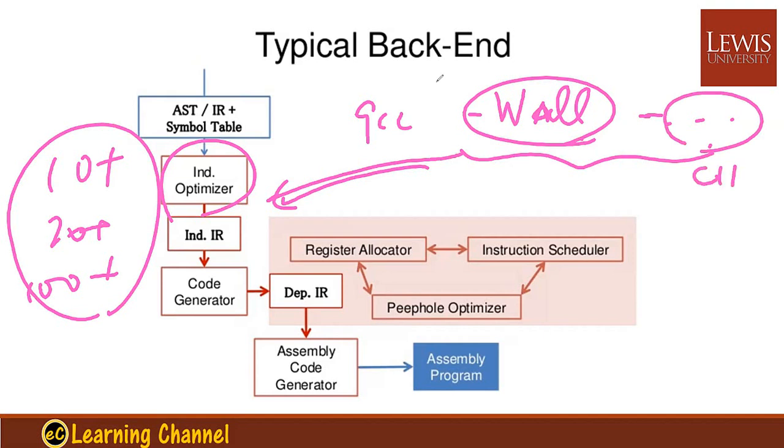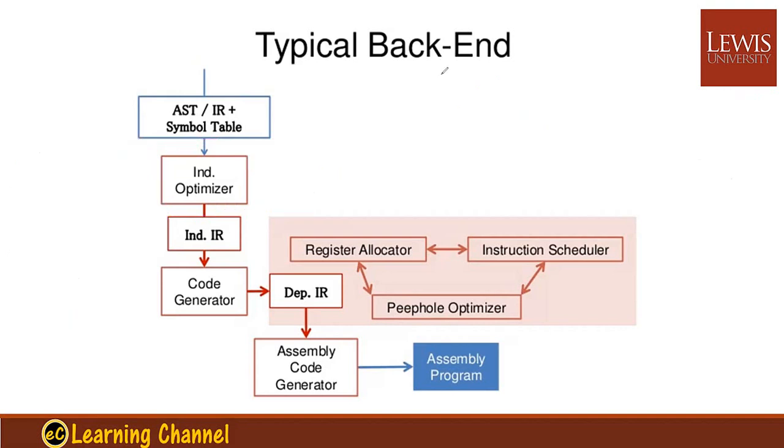That's some flag you need to set in order to teach the compiler how to do it, okay? And here, after you generate the intermediate code, you will pass through the machine-dependent stage, and you will also do another optimization.